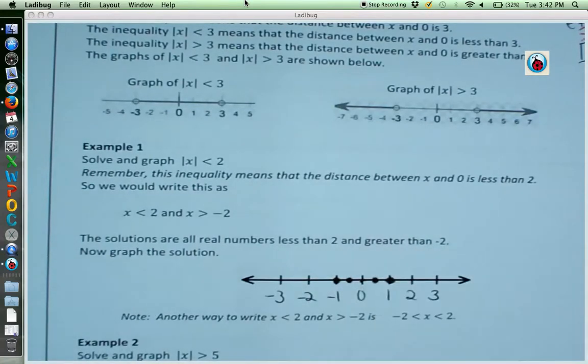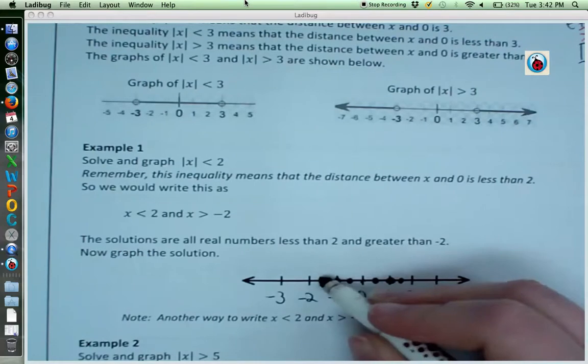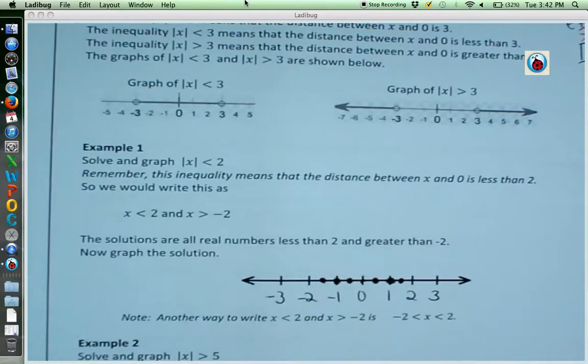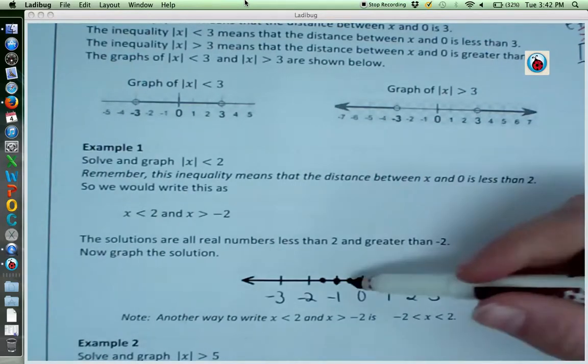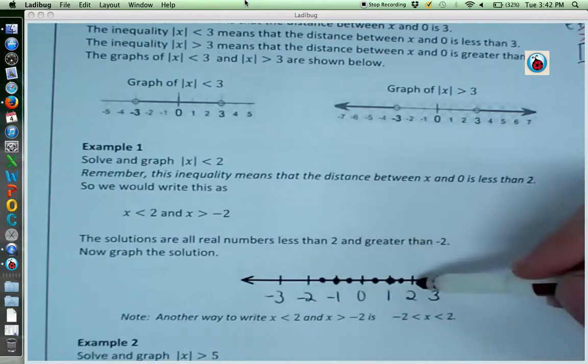That would be fine. That's less than 2. I could go 1.5 to the right of 0. I could go 1.5 to the left of 0. That would be fine. I can go any distance that is less than 2. So I can't go 3 to the right or 3 to the left. I also can't go 2 to the right. That would be too far.